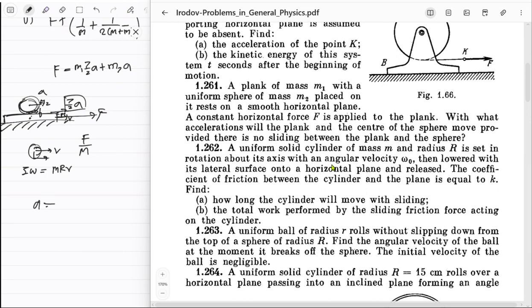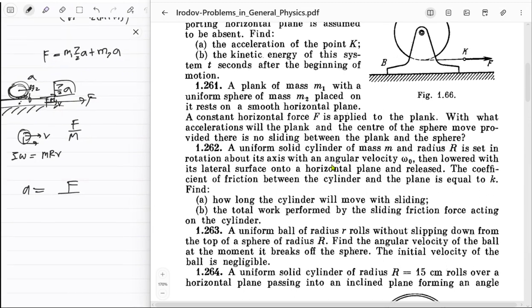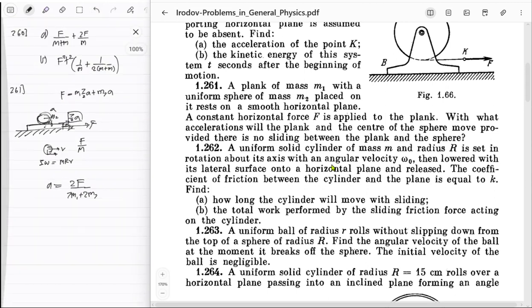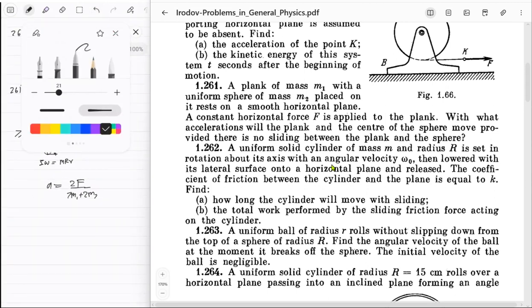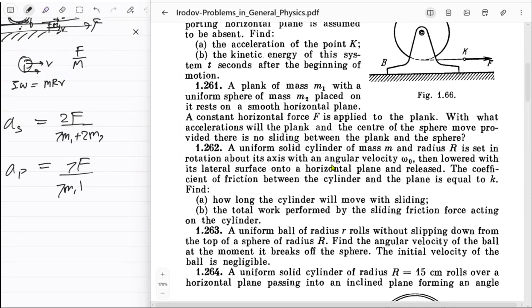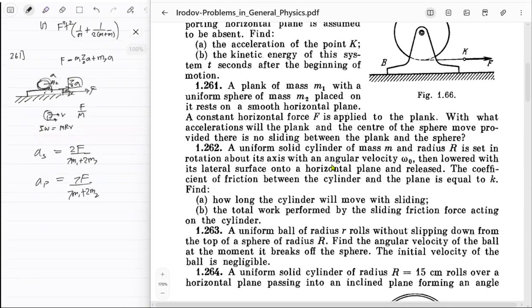So a is equal to 2f upon 7m1 plus 2m2, right? There we go. This is the acceleration of the sphere. Acceleration of the plank will be 7 upon 2 of this, like 7f upon 7m1 plus 2m2. Cool. Next question.